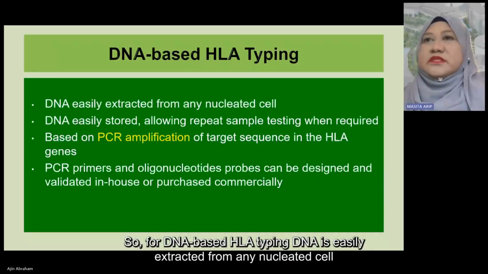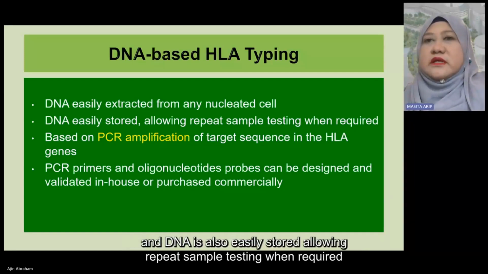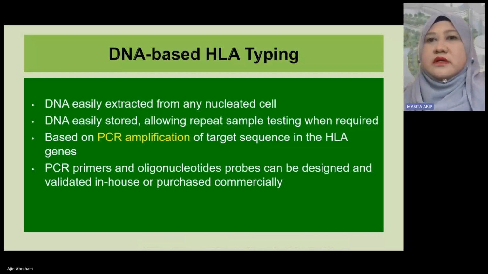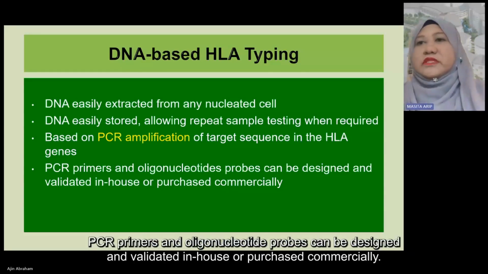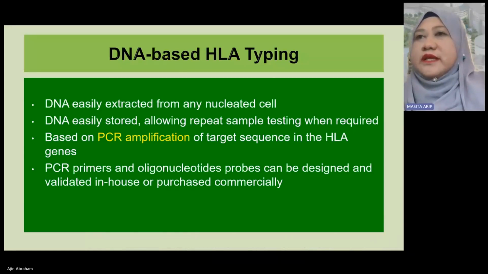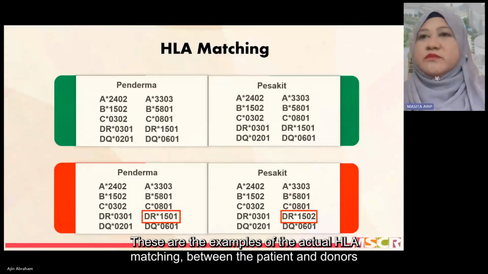DNA-based HLA typing is easily extracted from any nucleated cells, and DNA is also easily stored, allowing repeat sample testing when required, and it is based on PCR amplification of a target sequence in the HLA gene. PCR primers and oligonucleotide probes can be designed and validated in-house or purchased commercially. These are examples of HLA matching between the patient and donors.